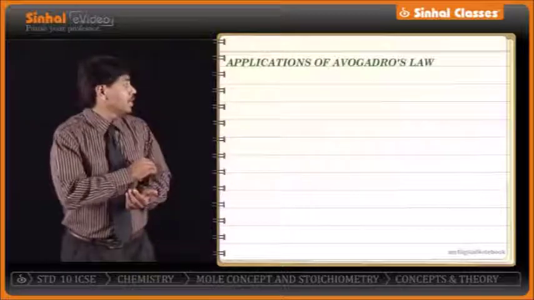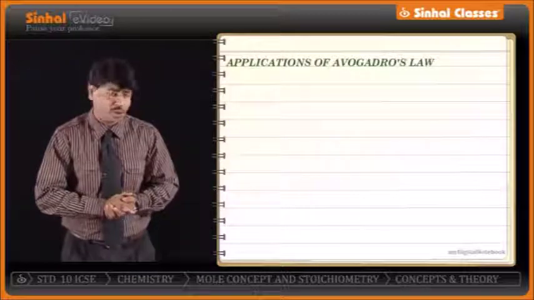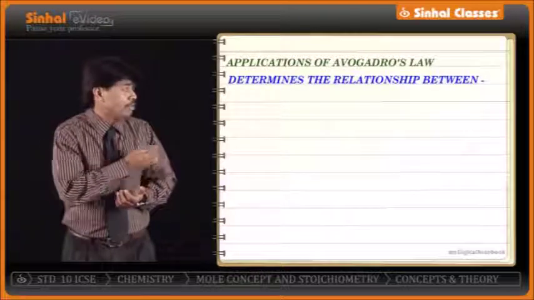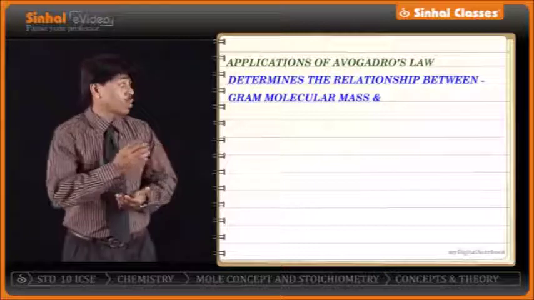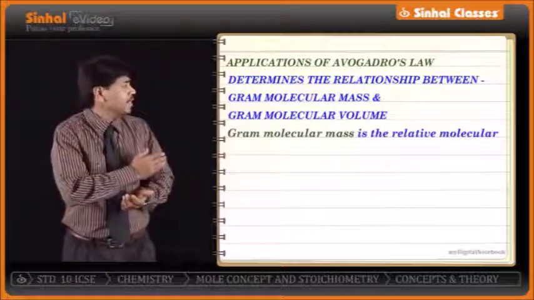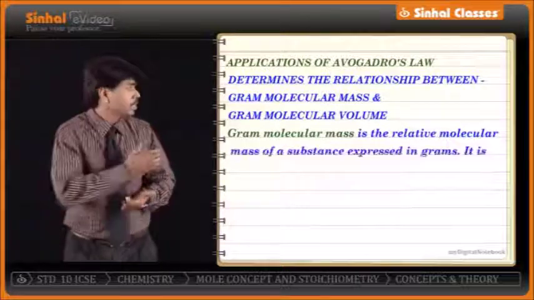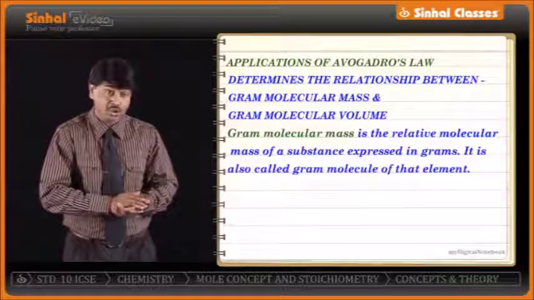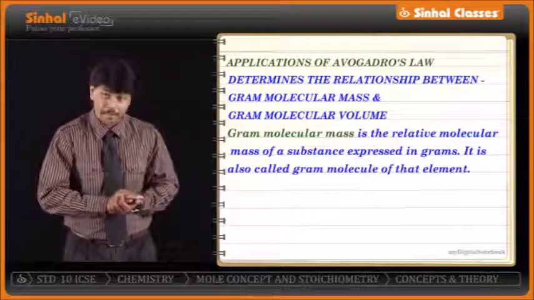Let's see the application of Avogadro's law in determining the relationship between gram molecular mass and gram molecular volume. What is gram molecular mass? It is the relative molecular mass of a substance expressed in grams, which is also called gram molecule of that element.